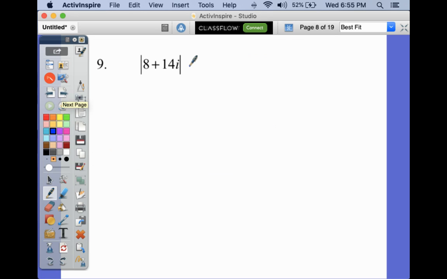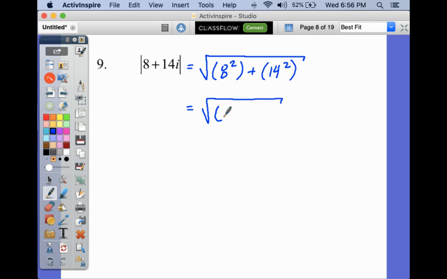Next problem, we're going to have the square root of 8 squared plus 14 squared. Well, that's the square root of 64 plus 196, which is the square root of 260.